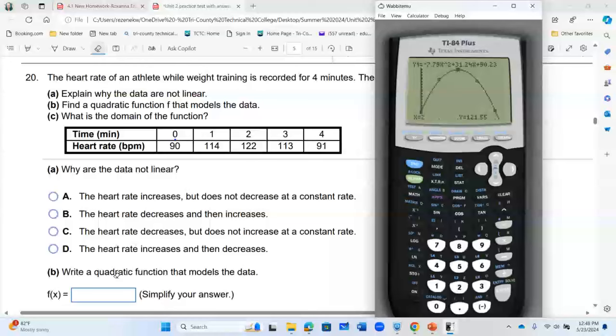And that is negative 7.79x squared plus 31.24x plus 90.23. So you see, it is better for me to have 2 decimal places. Makes my work easier. Okay, simplify your answer. Remember, they did not tell you to find the model without a calculator. So if they tell you to find the model, just find the model with the calculator.